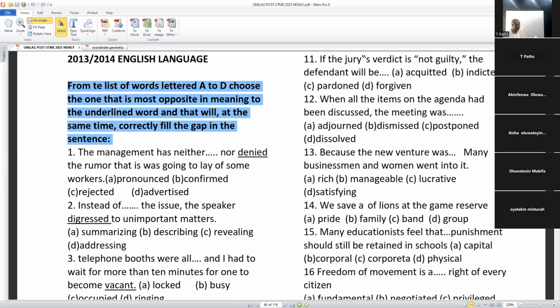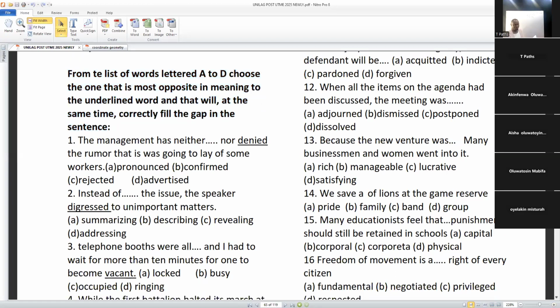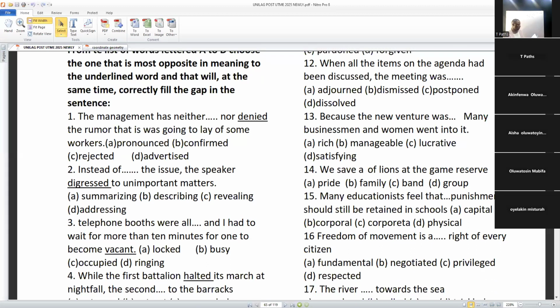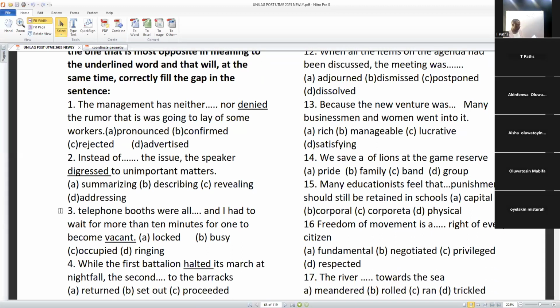So we'll take about 4 questions randomly before we move forward to the next. We have about 10 questions. All right. So let's look at question 3.